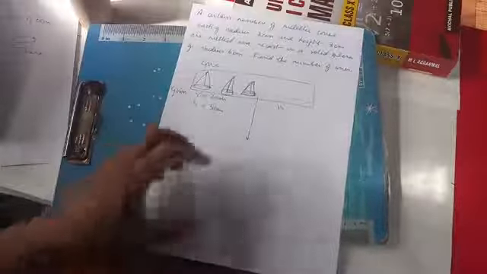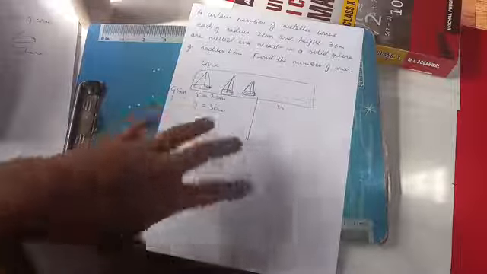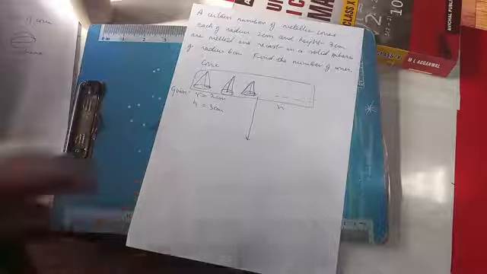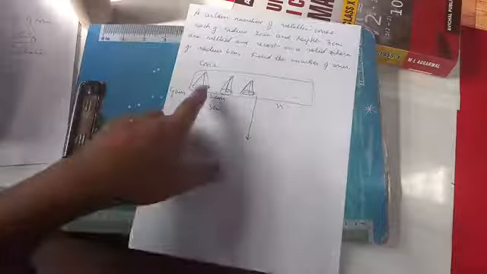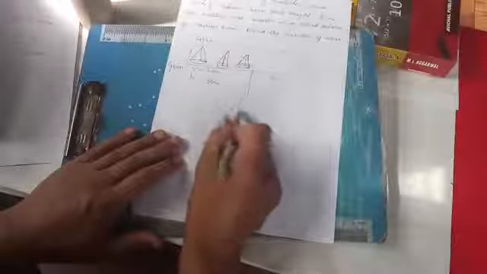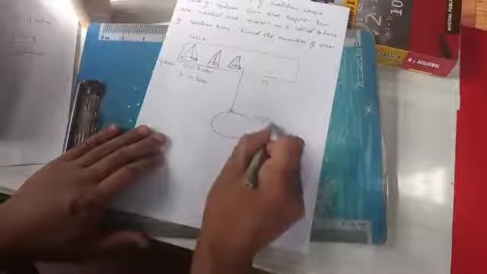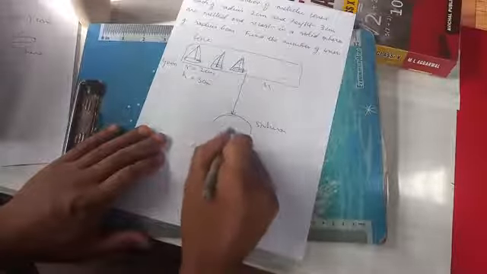So you melt all and you make it, like in the movie Terminator, when the actor is melted and again everything gets joined, and again he comes into life, like that. So you are melting it and again you are making it into a solid sphere. So one sphere you are making. All these cones, we don't know how many cones are there, are melted and made into a solid sphere of radius 6 centimeters.